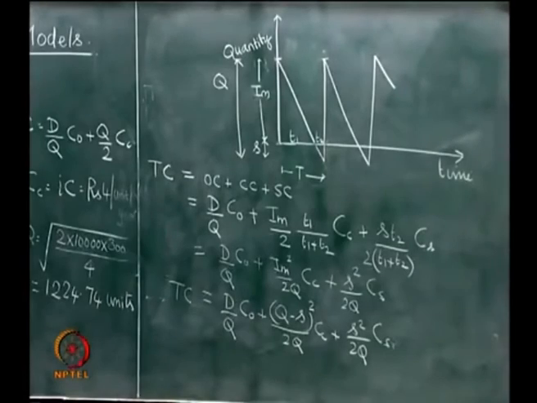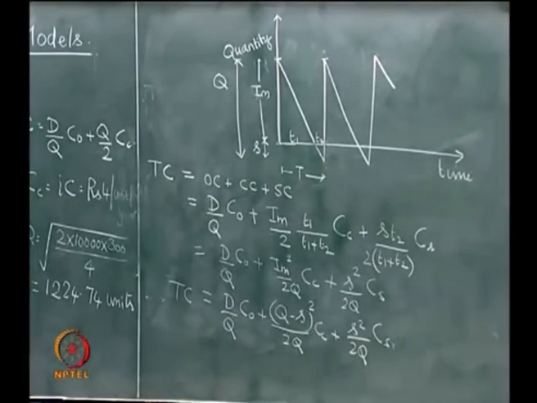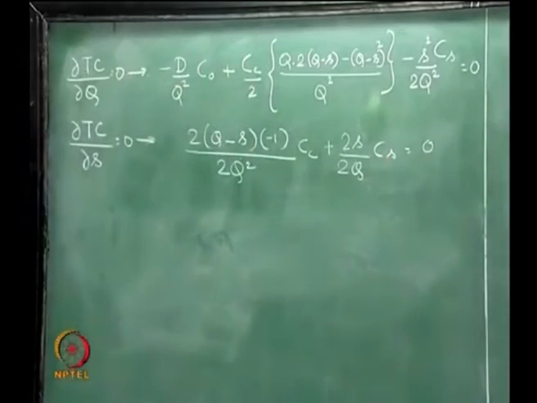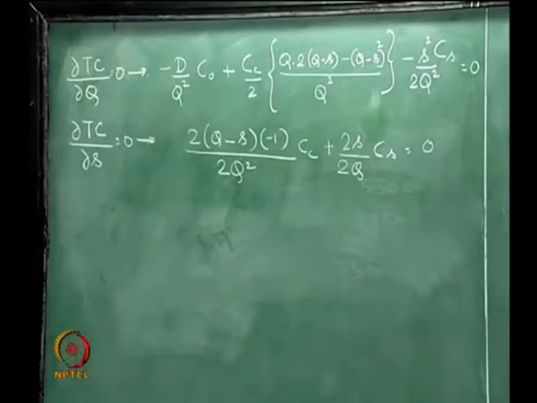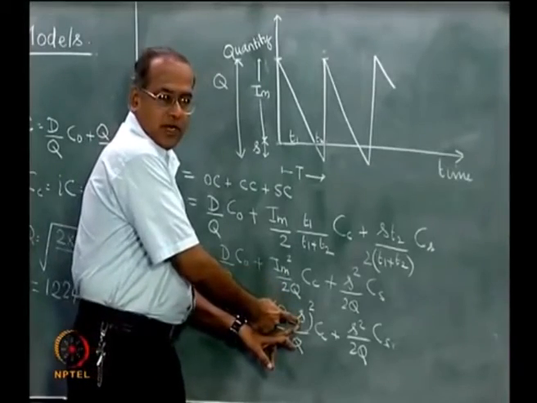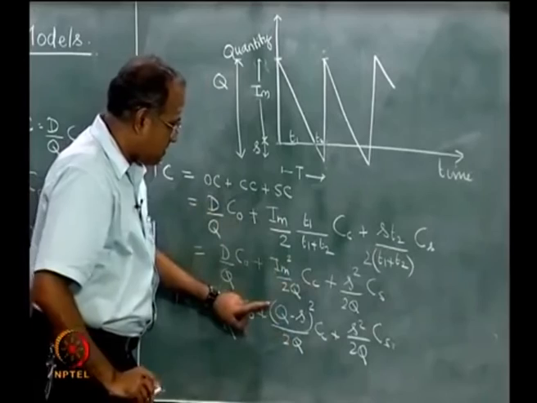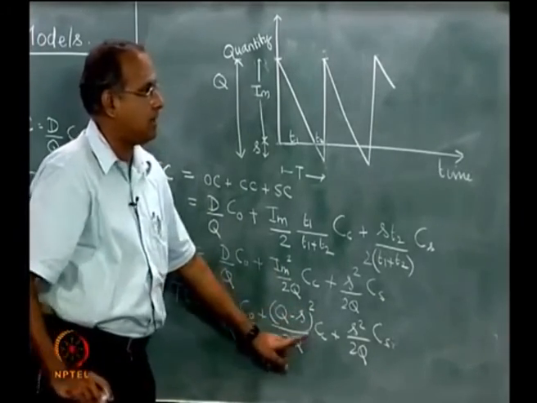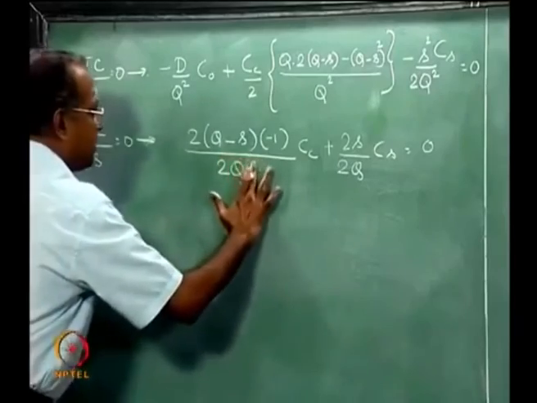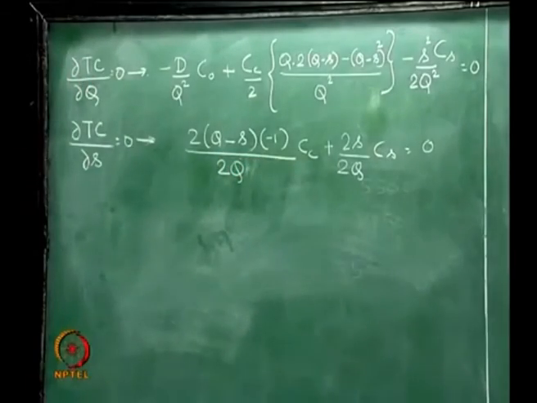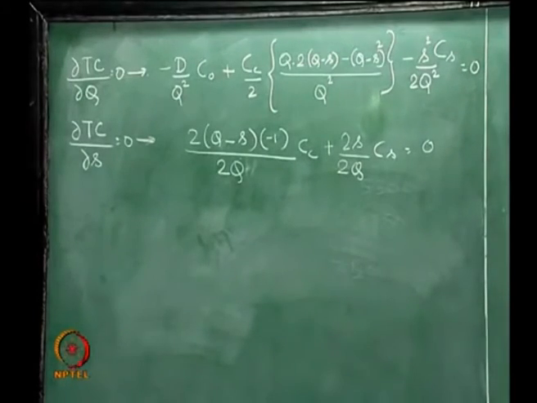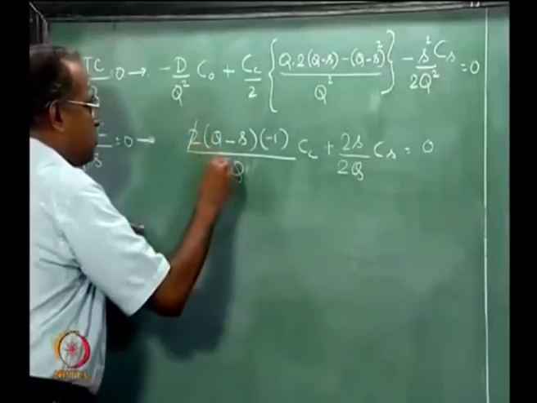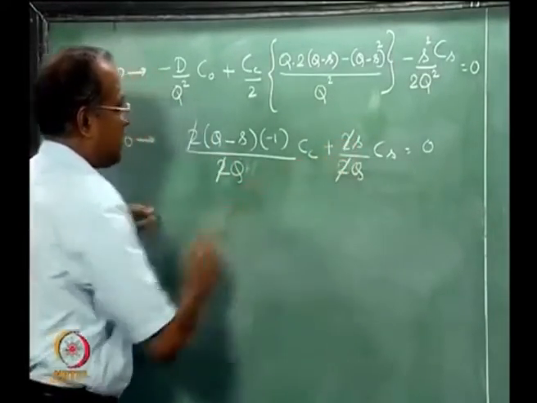So, 2s by 2q into Cs is equal to 0. Let me repeat, s appears in the numerator. So, 2 times q minus s into minus 1 divided by 2q into Cc, 2s by 2q into Cs equal to 0. So, this 2 and this 2 will get cancelled, this 2 and this 2 will get cancelled.